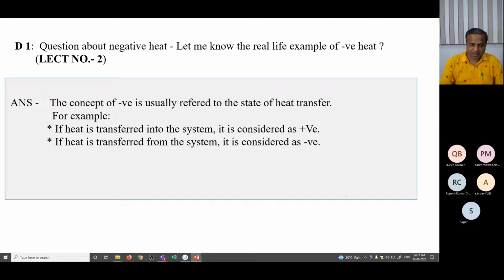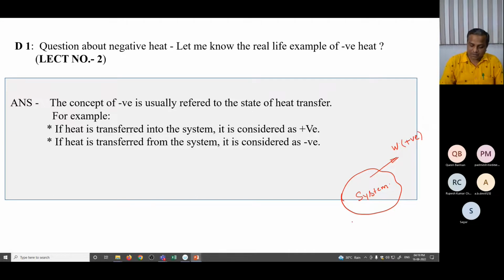For example, if you take a system and the system does work, the arrow points outward from the system. When the arrow goes outwards, it is work done by the system, and in conventional practice we say it is a positive quantity.